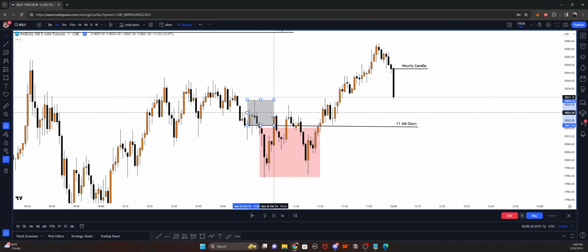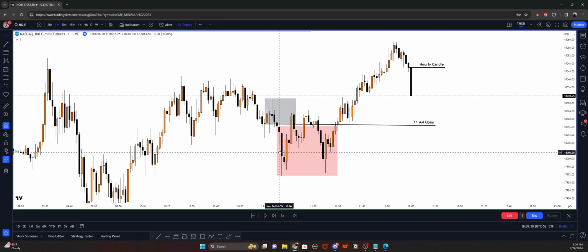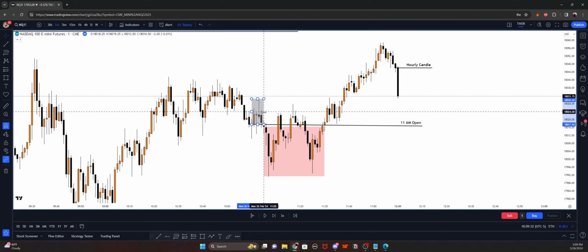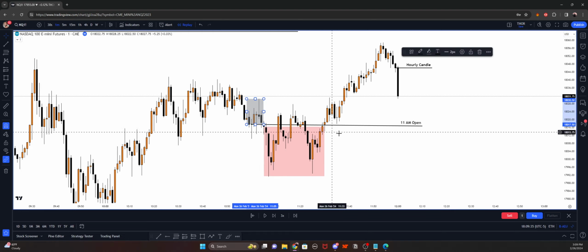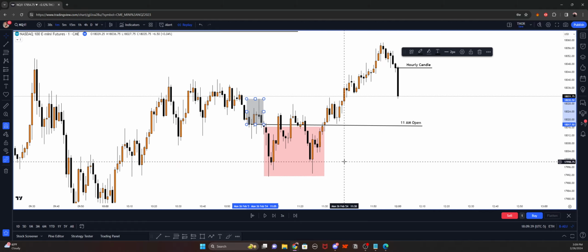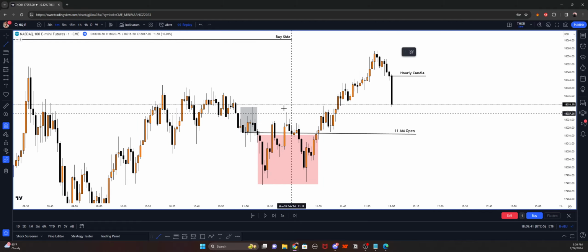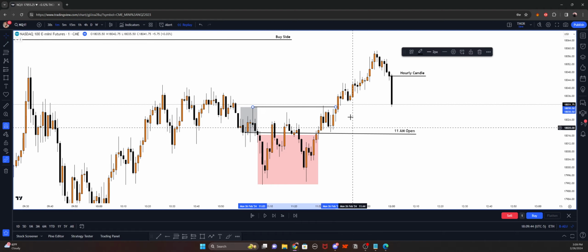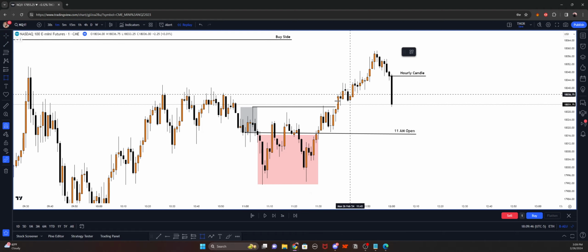Let me make it a bit cleaner, just for the sake of this conversation. So anytime it moves below the open price, that's the manipulation, and once it breaks above this range high, it should start the distribution phase.